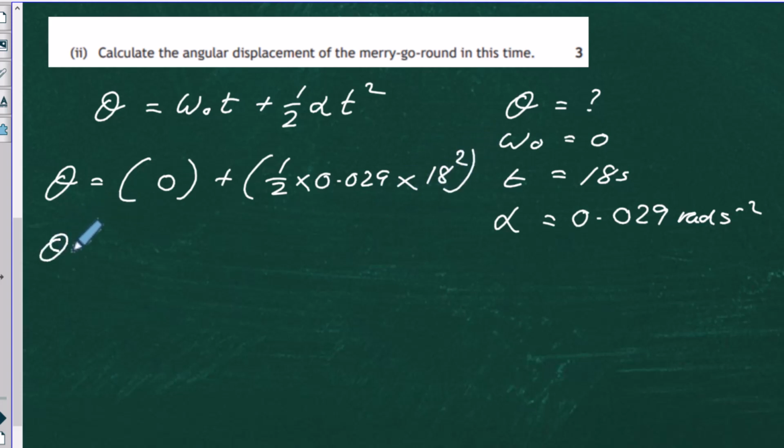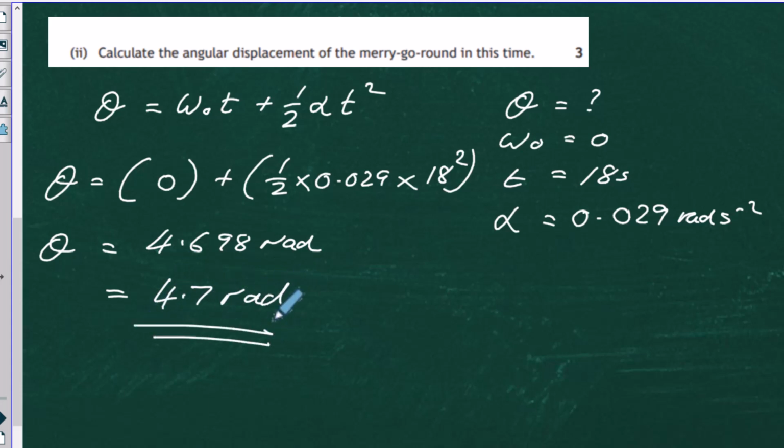Putting that into a calculator, we get an answer of 4.698, and of course the angular displacement is measured in radians. We've been using 2 significant figures so far, so 4.698 becomes 4.7 radians to 2 significant figures, and that will be the angular displacement.